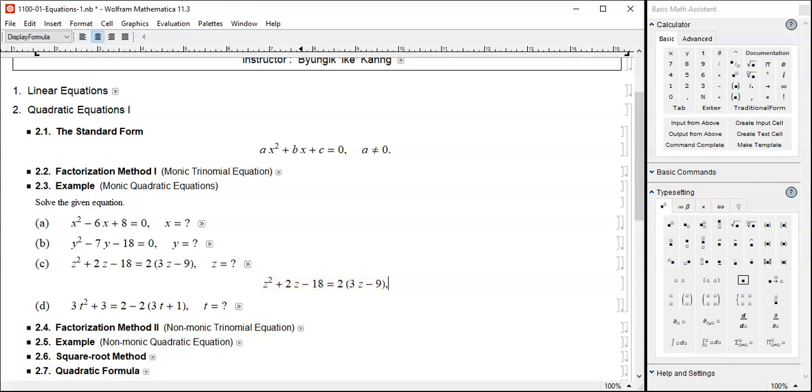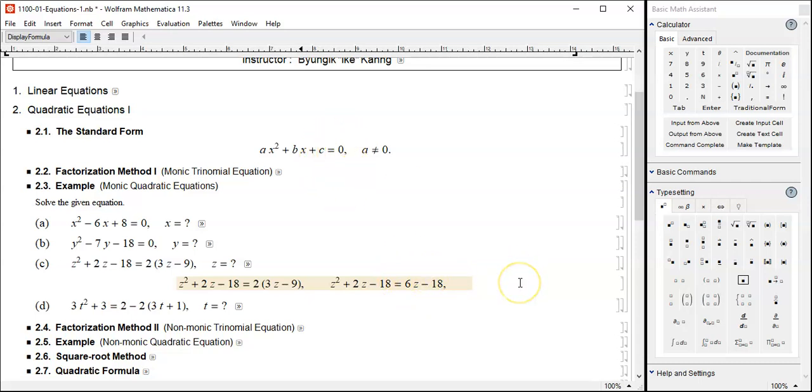We have to work it out. How do we do that? z squared plus 2z minus 18 is equal to, and then let's break it up. 6z minus 2 times 9, 18. Not done yet, we have to flip everything to the left so that the right-hand side is equal to 0.